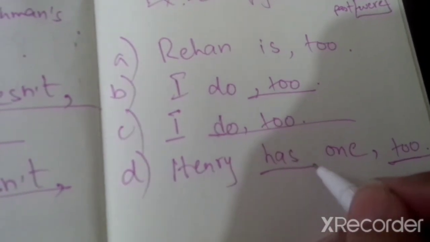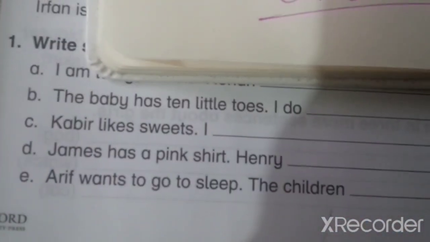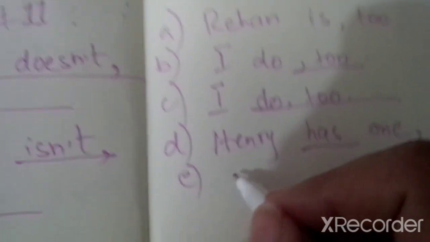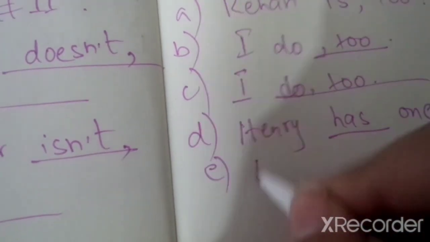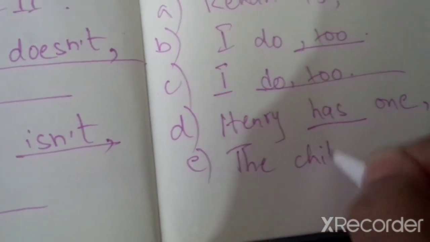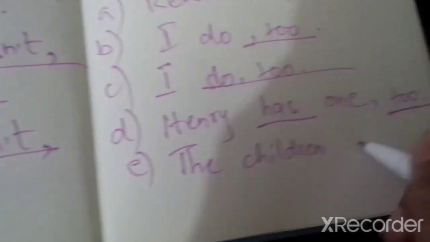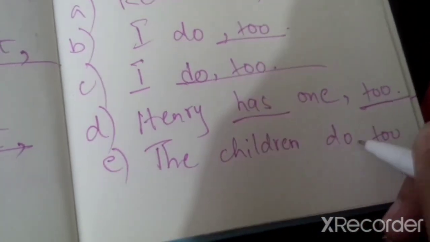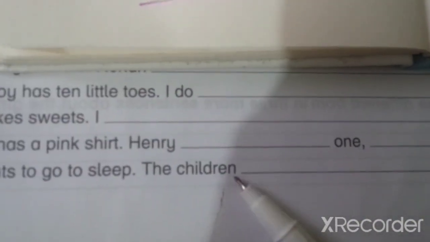E part. Arif wants to go to sleep. The children do too. See, Arif wants to do something, and the children want the same thing, so you write the children do too.